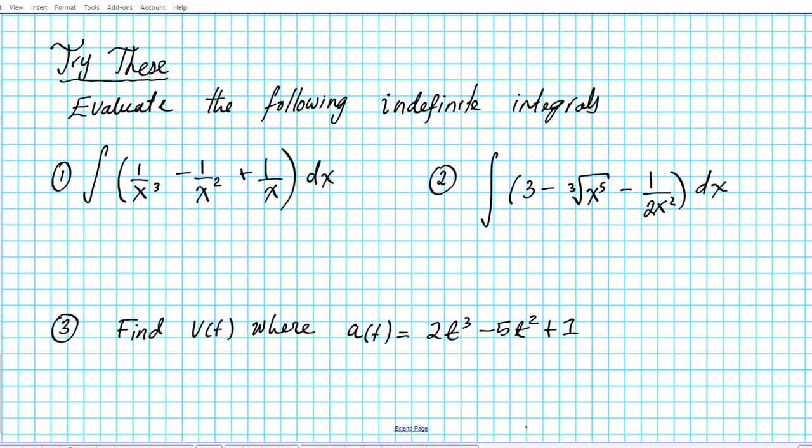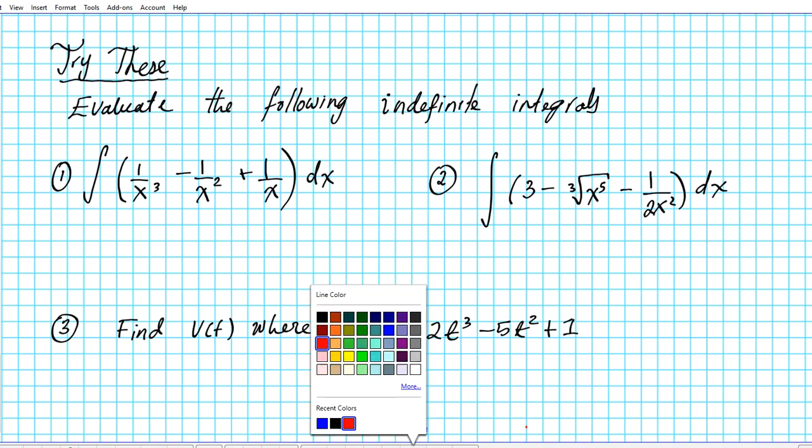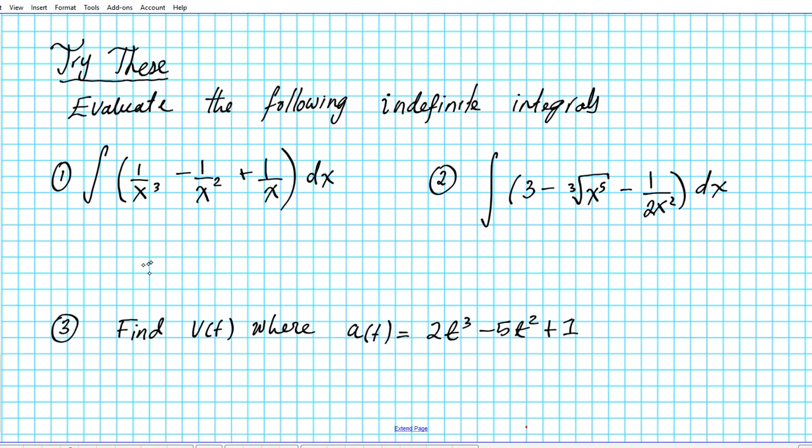Alright, hopefully you had a chance to try out the problems. The answers to try these problems are as follows. The first one, the answer is negative 2 over x squared plus 1 over x plus the natural logarithm of the absolute value of x plus c.